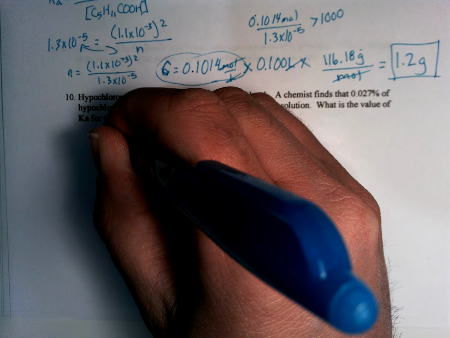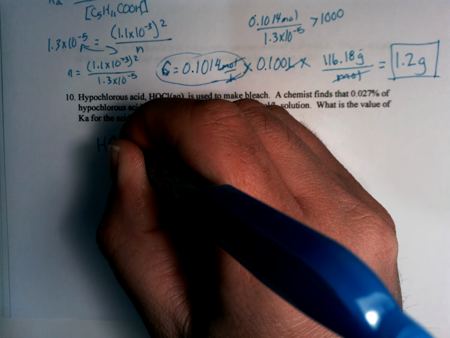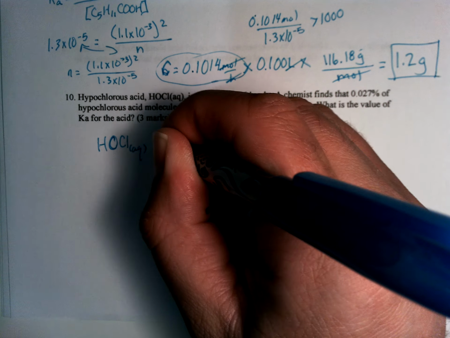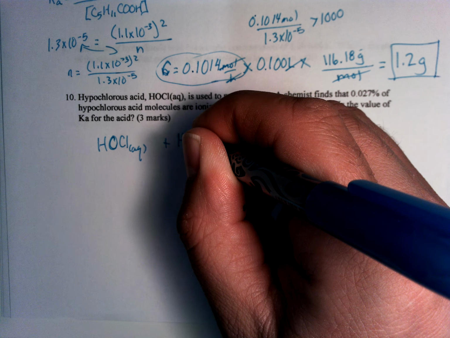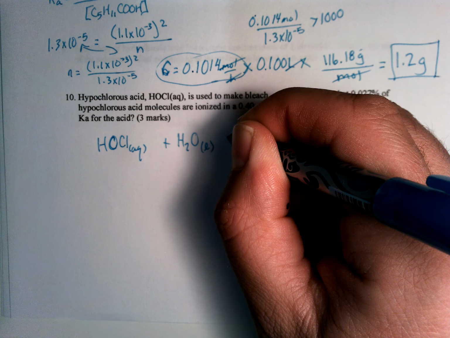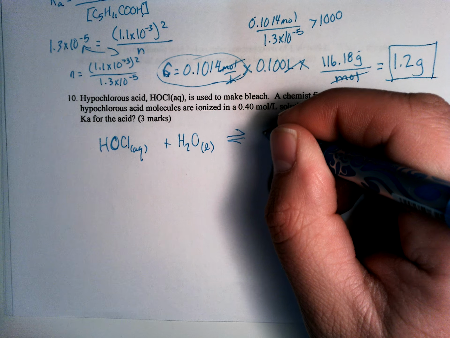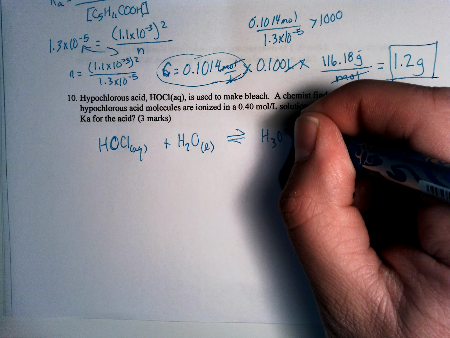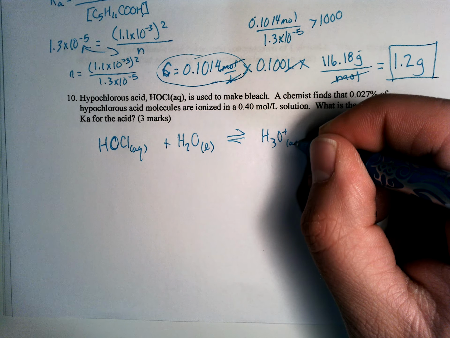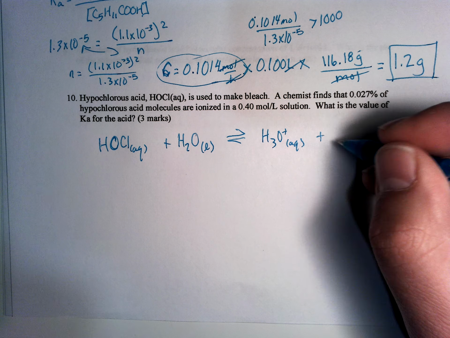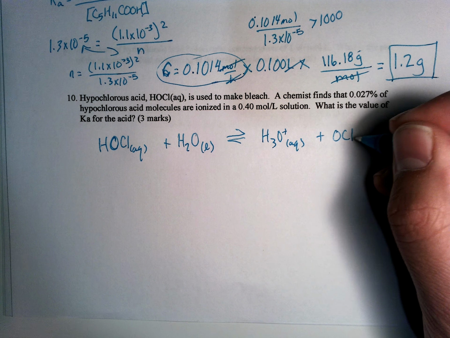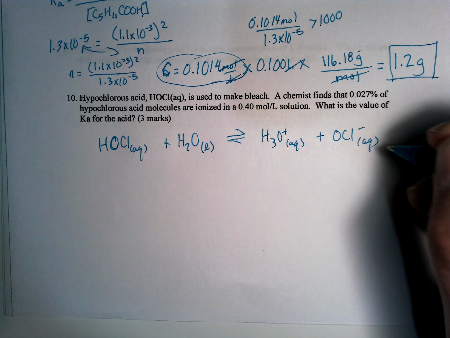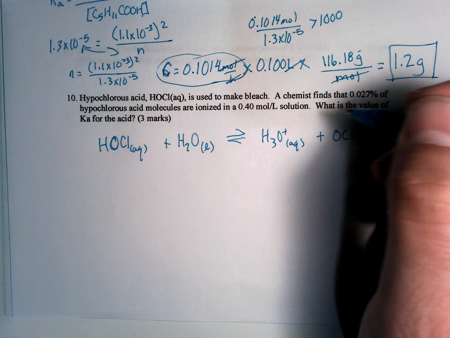So we have hypochlorous acid plus water will produce hydronium and our conjugate base.